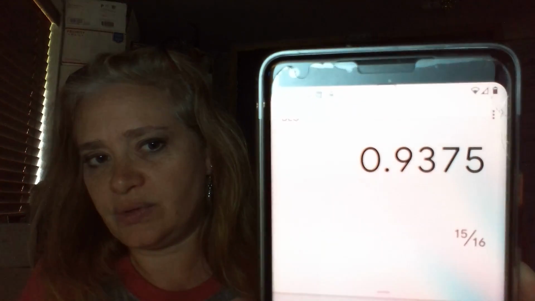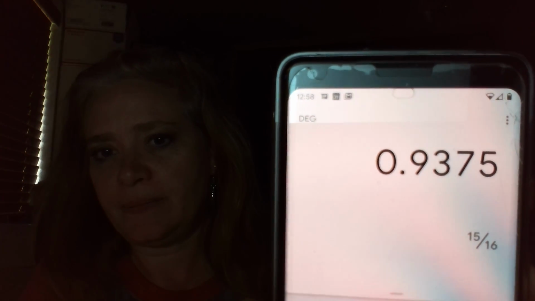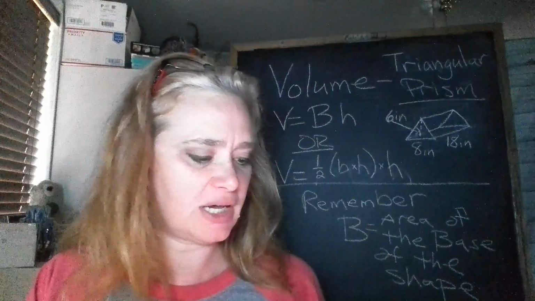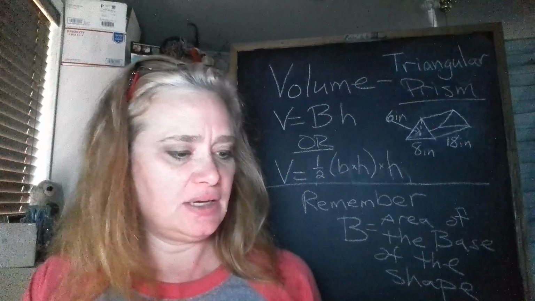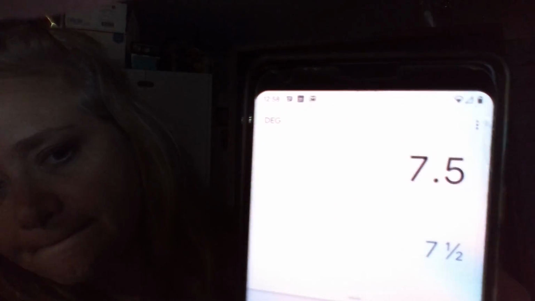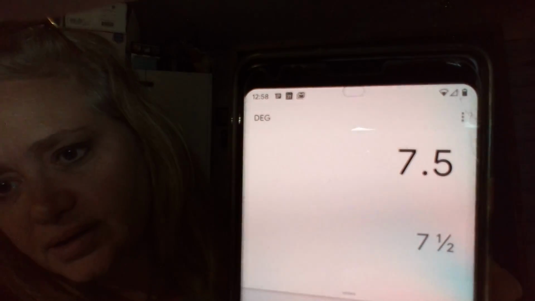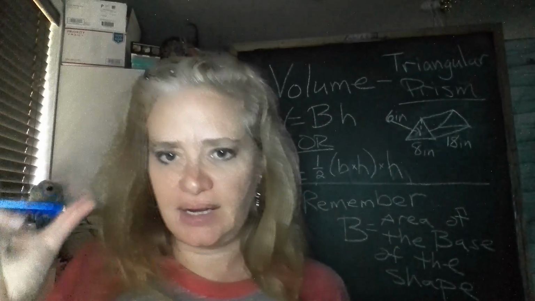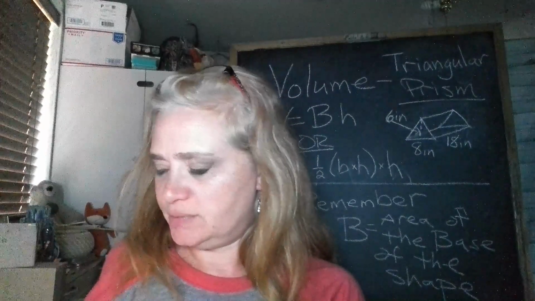We said 8. All right, so there's the first part. And then we're going to do times the height. And, ooh, looky there. My chocolate bar has a volume of 7.5 cubic inches.